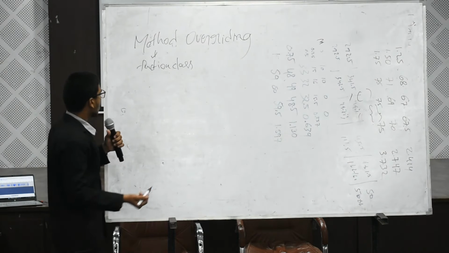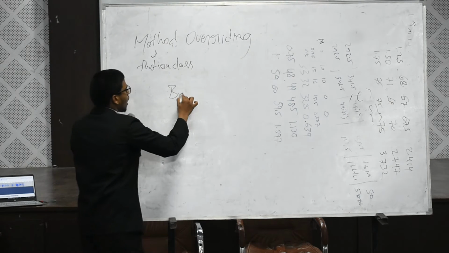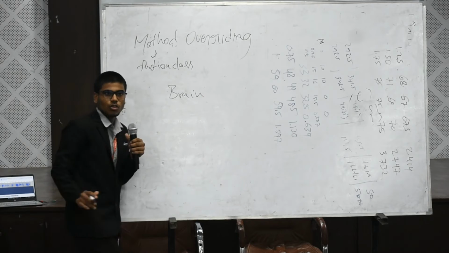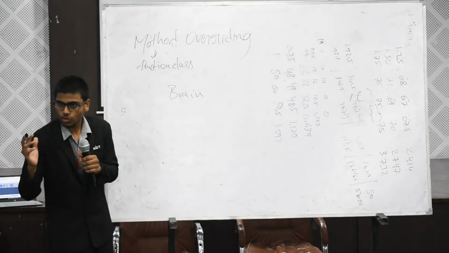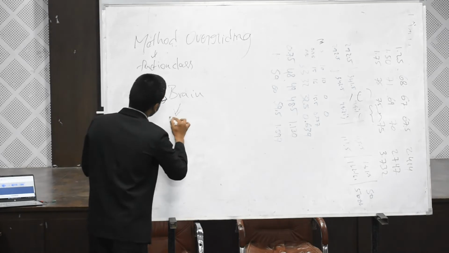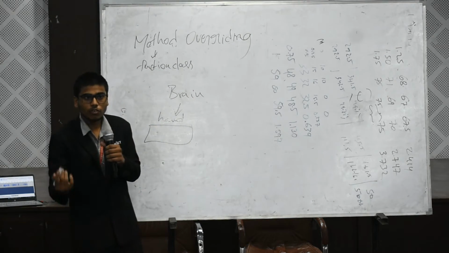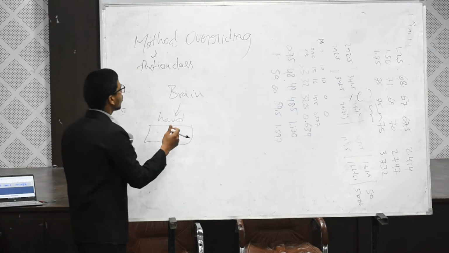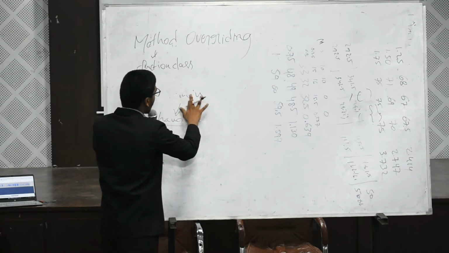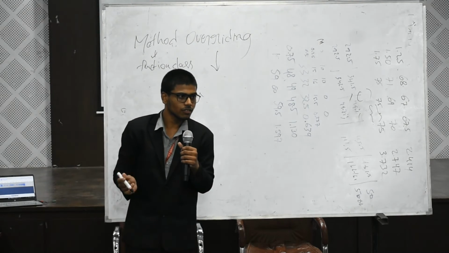For example, I am creating a class Brain. I want to tell what the hand does, so I am writing a method hand. I am writing the code for what that hand does. Okay, understand? So I am writing an example, and most of you know what is meant by overriding.